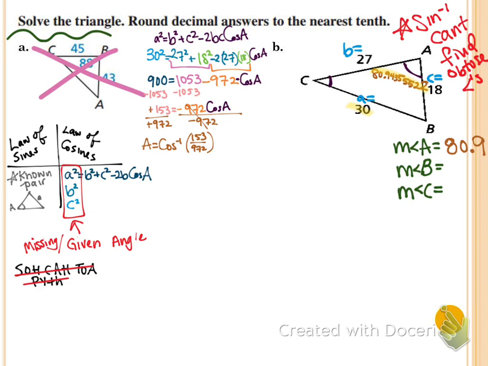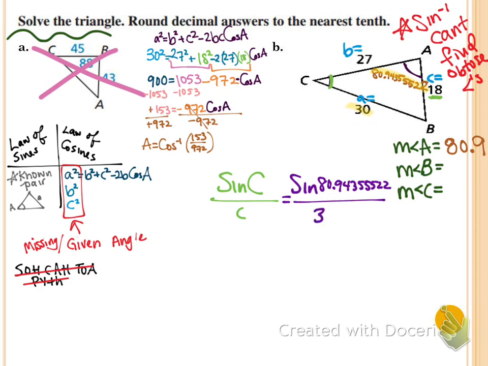So I'm going to find angle C using side C, but remember what's missing goes in the top. So sine of angle C over side C equals, I'm going to use my known pair. So sine of angle A, this is when it's a little obnoxious, sine of 80.9435552 over the side, which is 30.